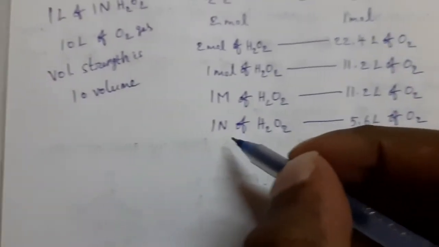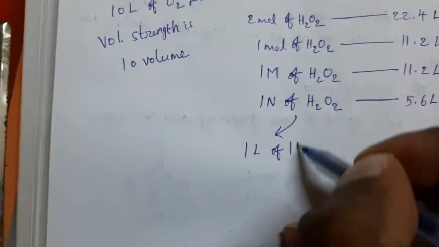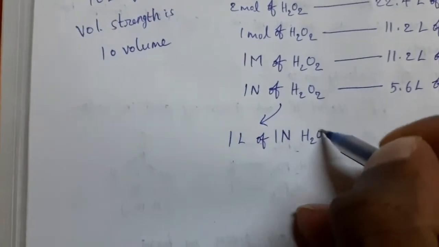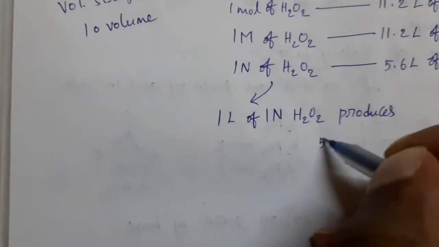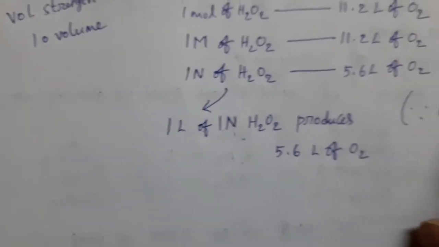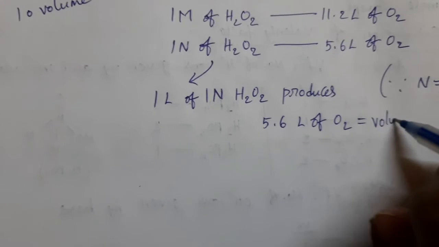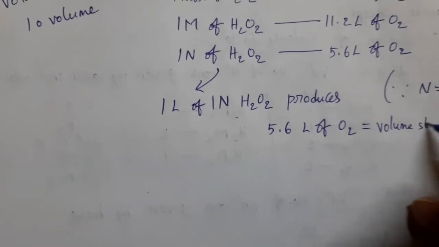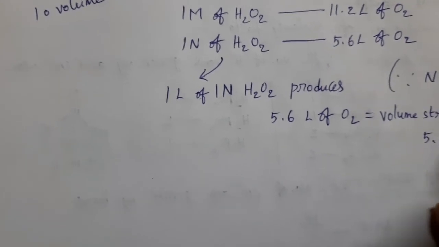That means 1 liter of 1 normal H2O2 produces 5.6 liters of O2, so volume strength is 5.6 volume.